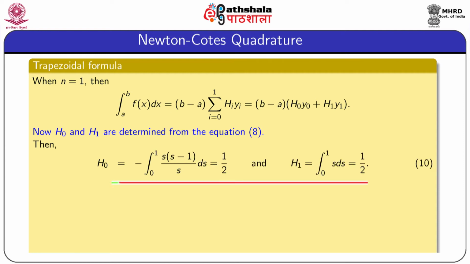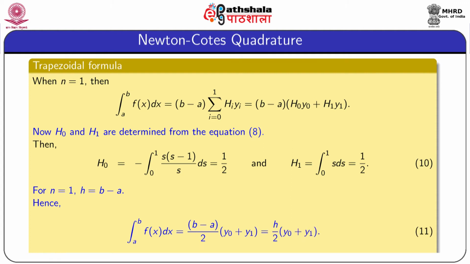After integration we get h0 equal to half and h1 equal to half. Therefore, for n equal to 1, h equal to b minus a, and hence integration a to b f(x) dx equal to (b minus a) by 2 into (y0 plus y1), equal to h by 2 into (y0 plus y1). This is the most simple formula to find the value of the integration of any integrable function f(x), and the formula is h by 2 into (y0 plus y1).